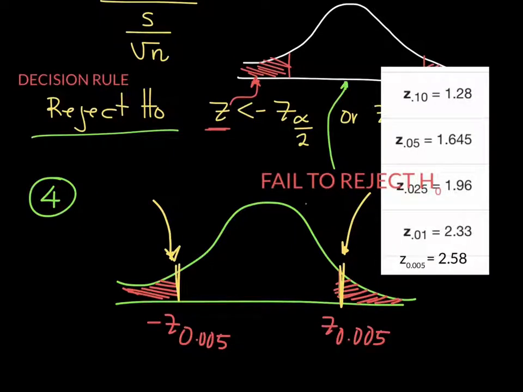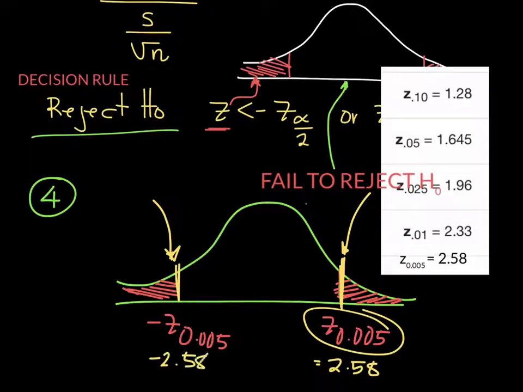The z of 0.005 is equal to 2.58, and that is the number here. On the other side is negative 2.58. Noting that the center of this curve is 0.